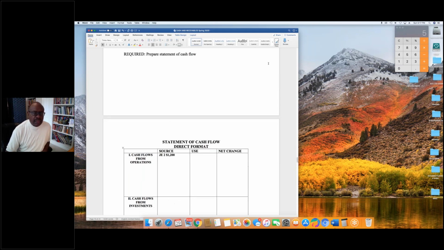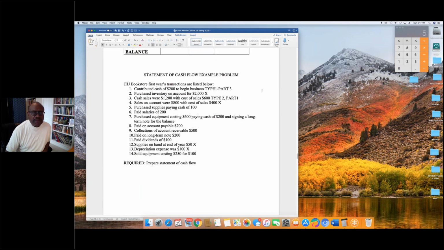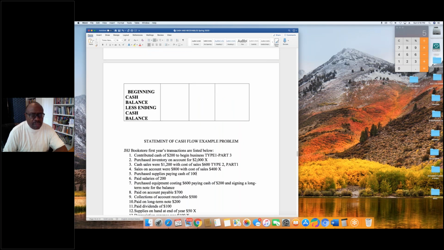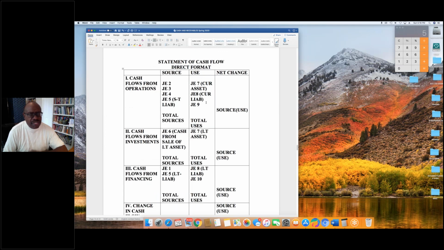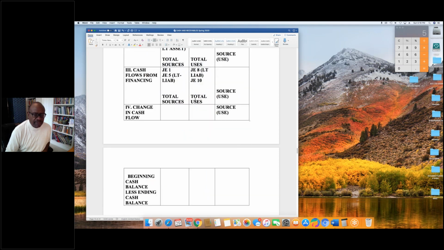Okay, let's go to our next journal entry. Sales on account were 800 with cost of sales 400. This doesn't go anywhere. Purchase supplies paying cash. Now, that's a use of cash. So that, of course, is going to be on the use side. We buy an asset, a current asset, that's a journal entry 7.